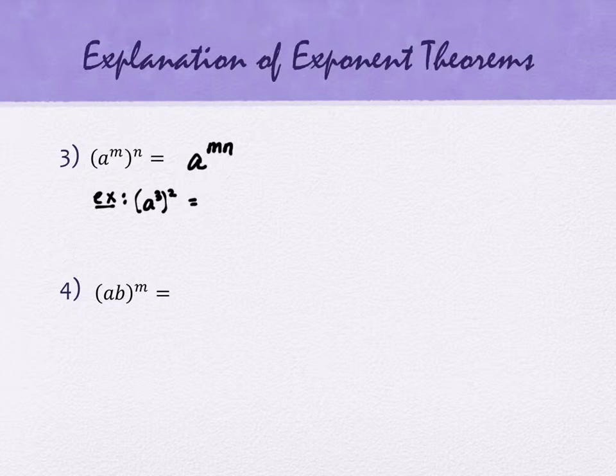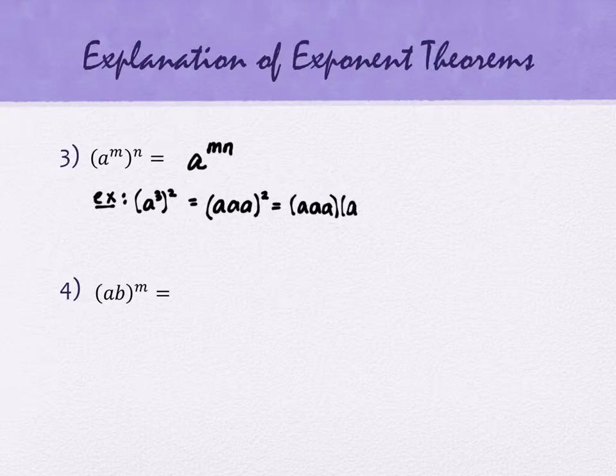So a to the 3rd, like you told me, means a times a times a, and this is supposed to be squared. Well, when I square things, it means that I multiply them by themselves. So this is a times a times a times a times a times a. How many a's is that? 6. And again, how do I get from 2 and 3 to 6? I multiply.